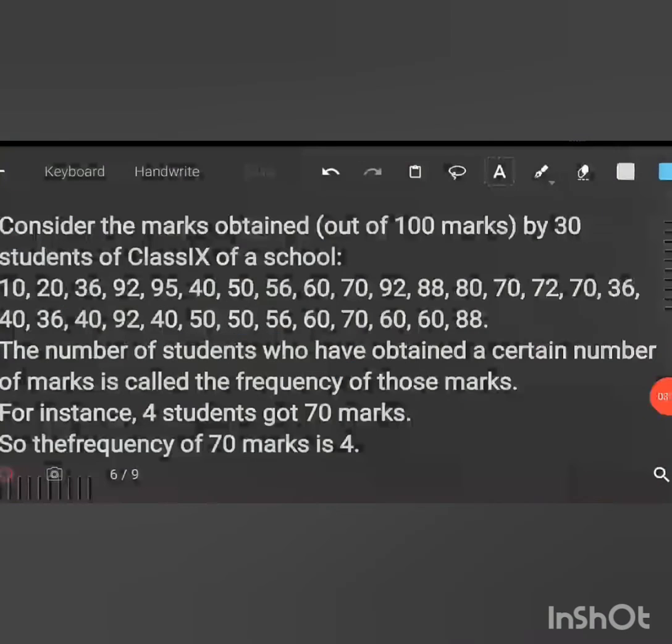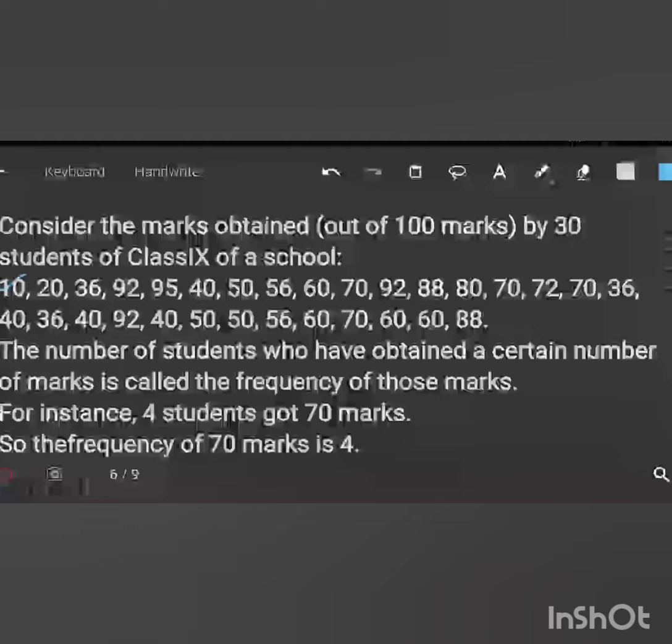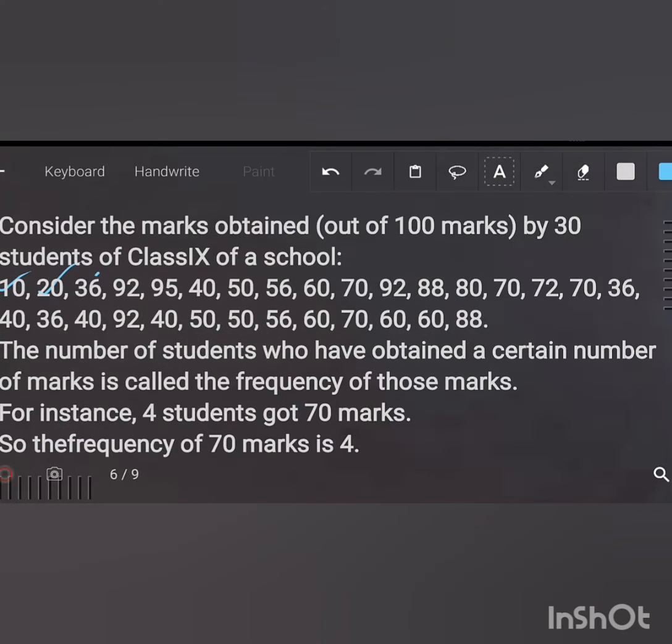Now let us check in order. The frequency of 10 is 1. The frequency of 20 is 1. The frequency of 36: 1, 2, 3, so the frequency of 36 is 3.